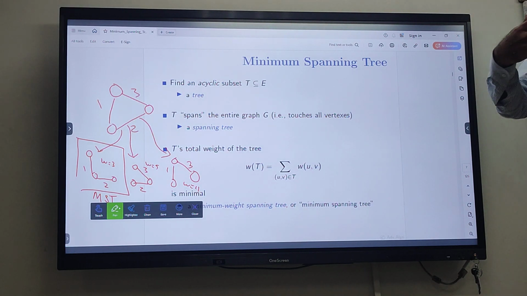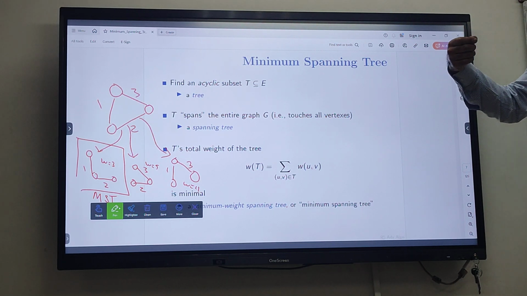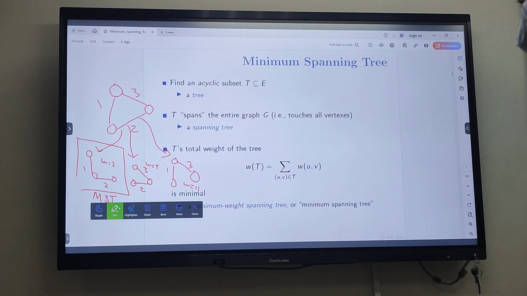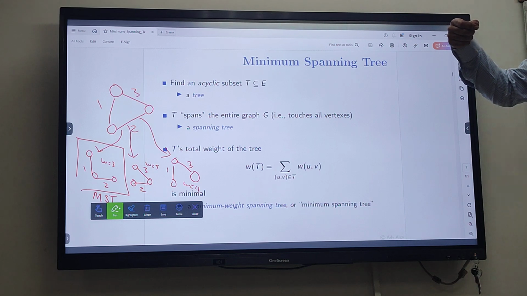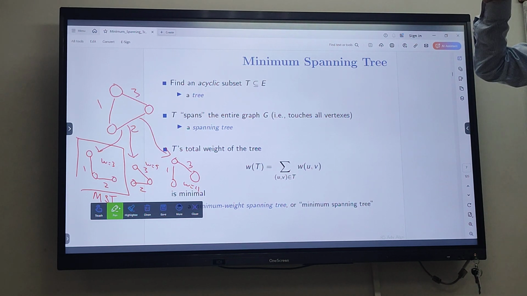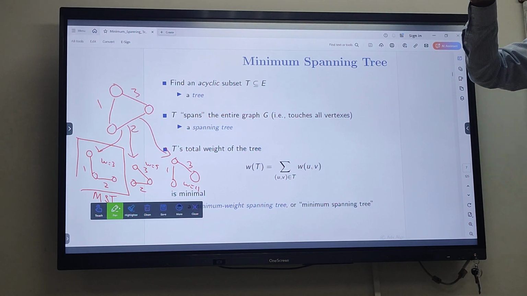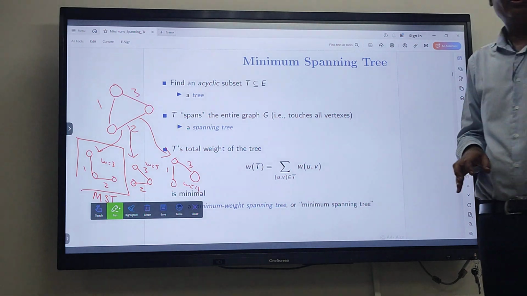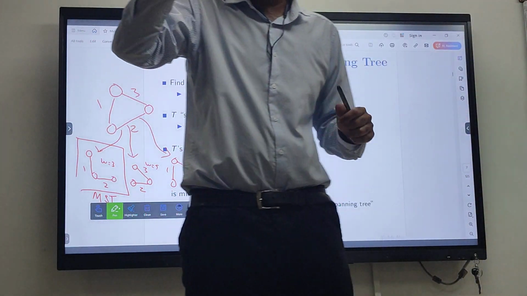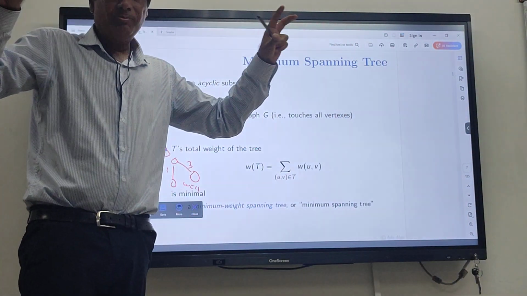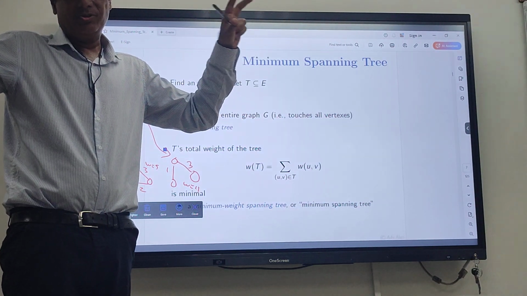Essentially, for each vertex we can pick, out of v minus 1 edges, just one edge. So for each vertex we have v minus 1 possibilities of which edge to retain. Then we multiply all of them together and we get the total number of spanning trees. But it depends on how many edges there are in the original graph.